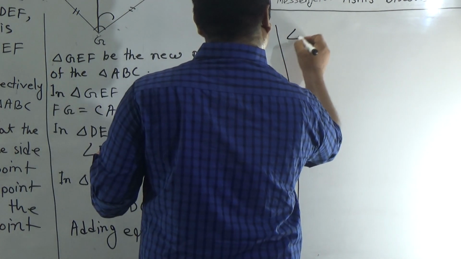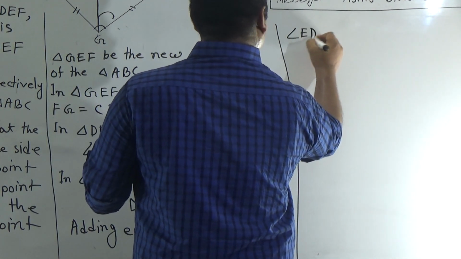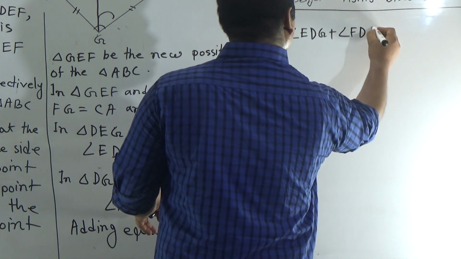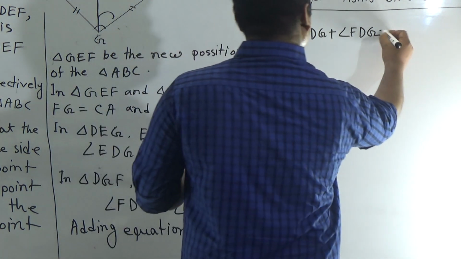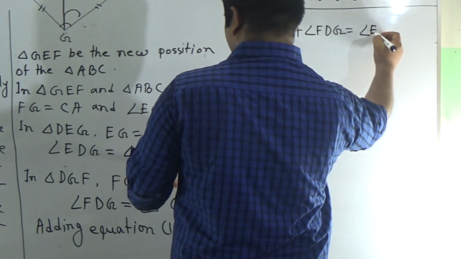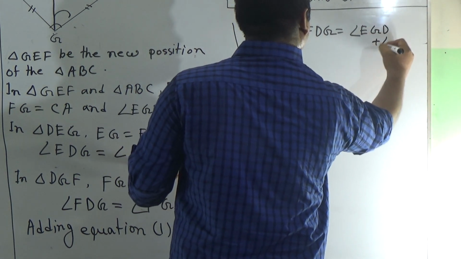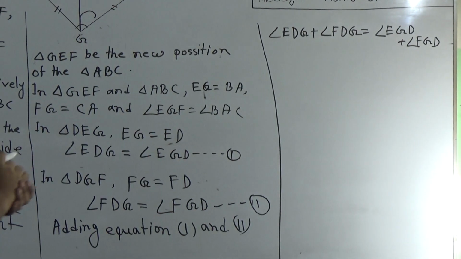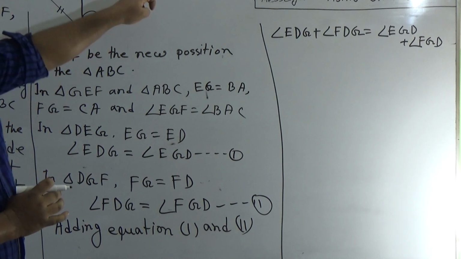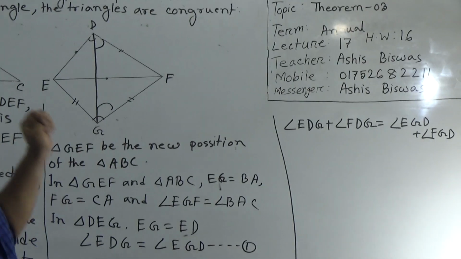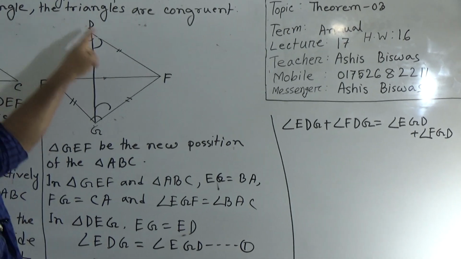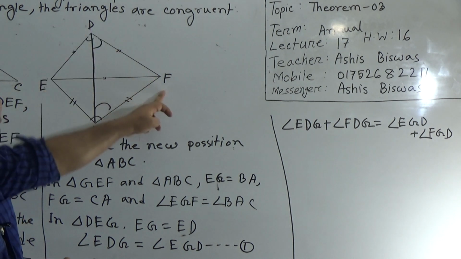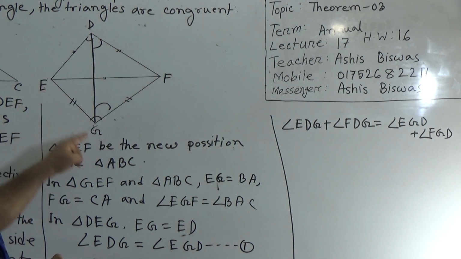Here EDG plus FDG equal to EGD plus FGD. My dear students, now you notice EDG and FDG. If we add these two angles, then we get EDF, left hand side. On the other hand, if we add EGD angle and FGD angle, we get angle EGF.